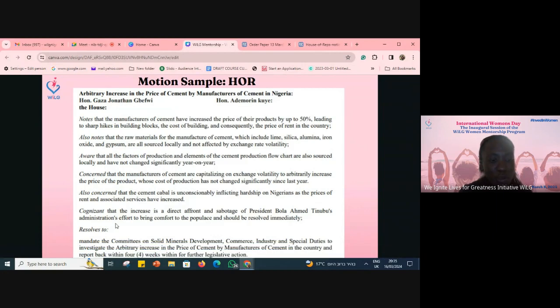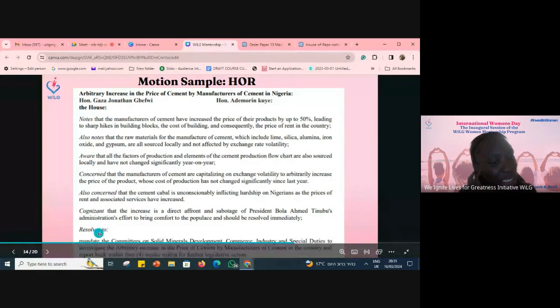And in that resolve, you have to send it to a committee or you have to attach a ministry that will take an action. So resolves to mandate the committees of solid mineral development, commerce, industry, special duties. You see that they have added and mandated that the committees.